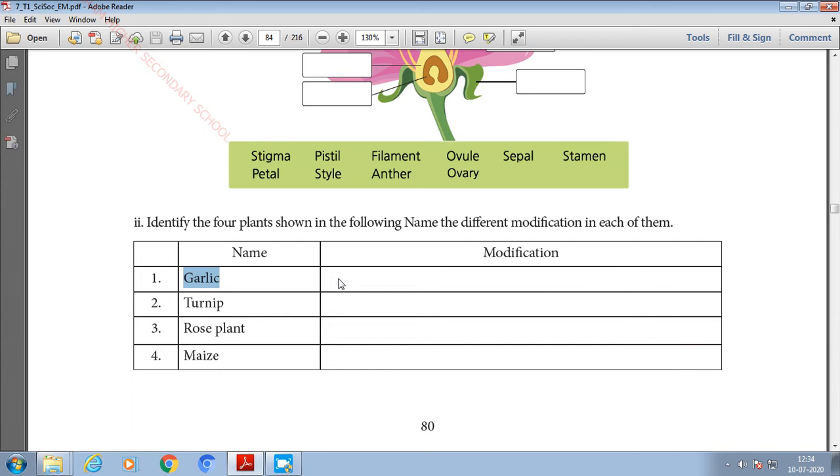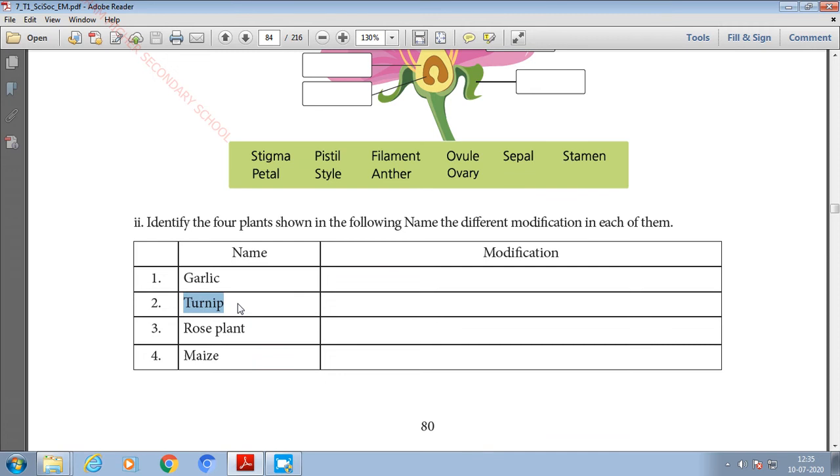So garlic is an example for underground stem modification. Next, turnip. So turnip is an example for taproot modification.